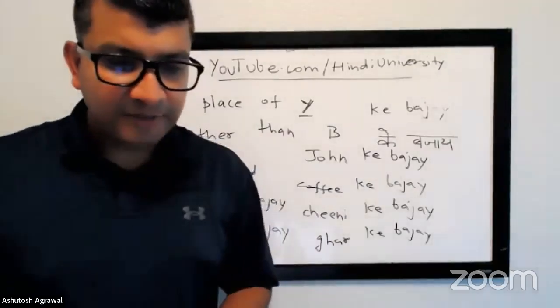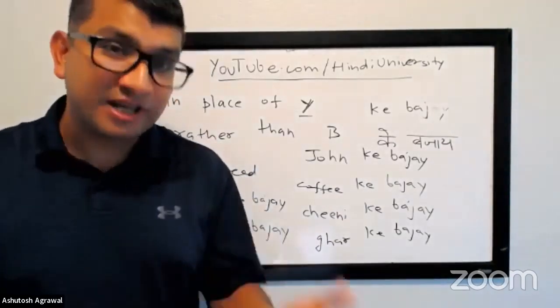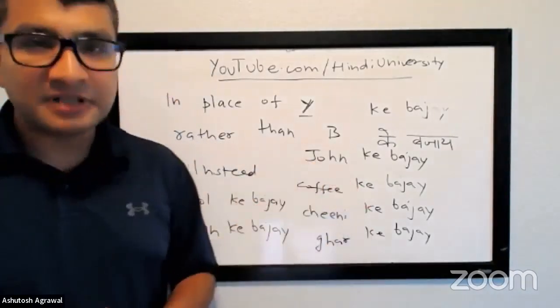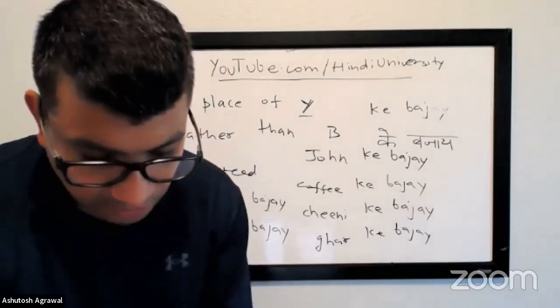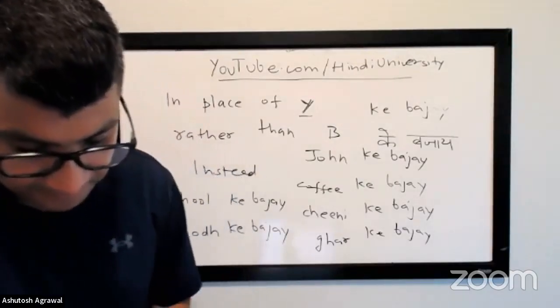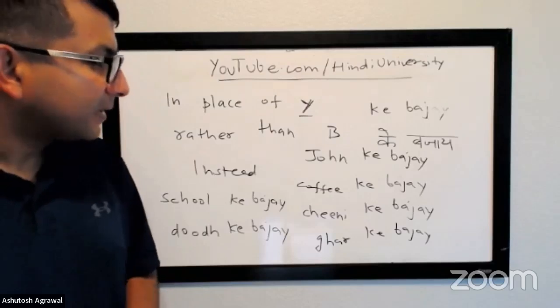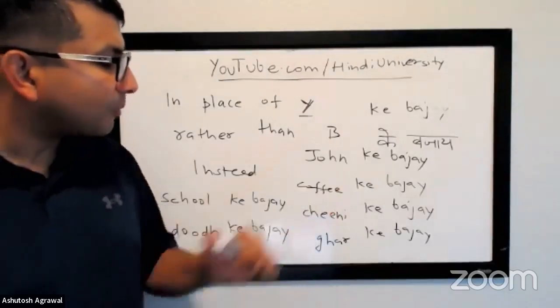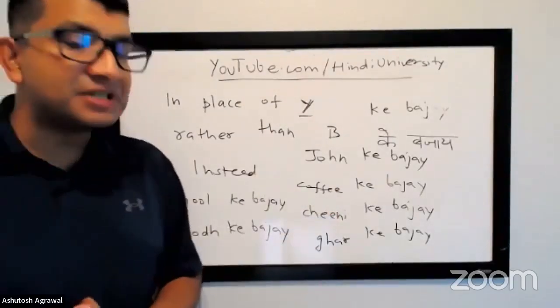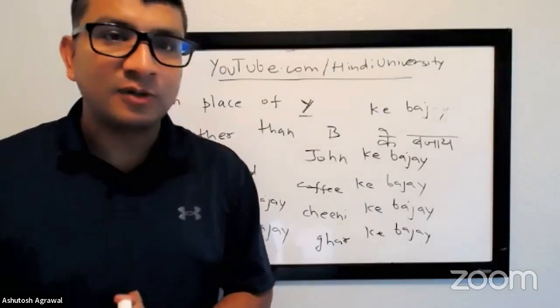Yes, you can do John ke bajaye. You can use jagah as well, but yeah, John ke bajaye. That's totally okay. But for the animate one, ki jagah would look slightly more appropriate.